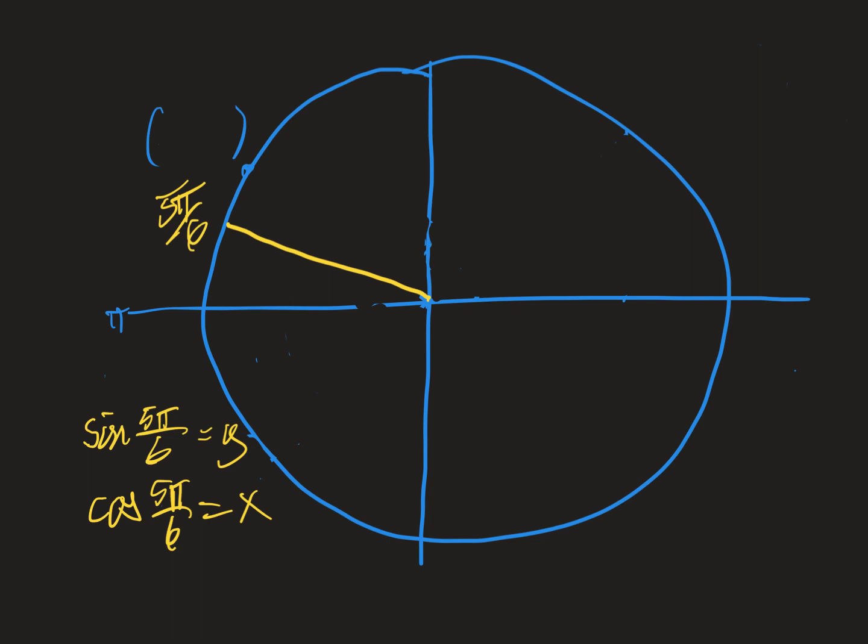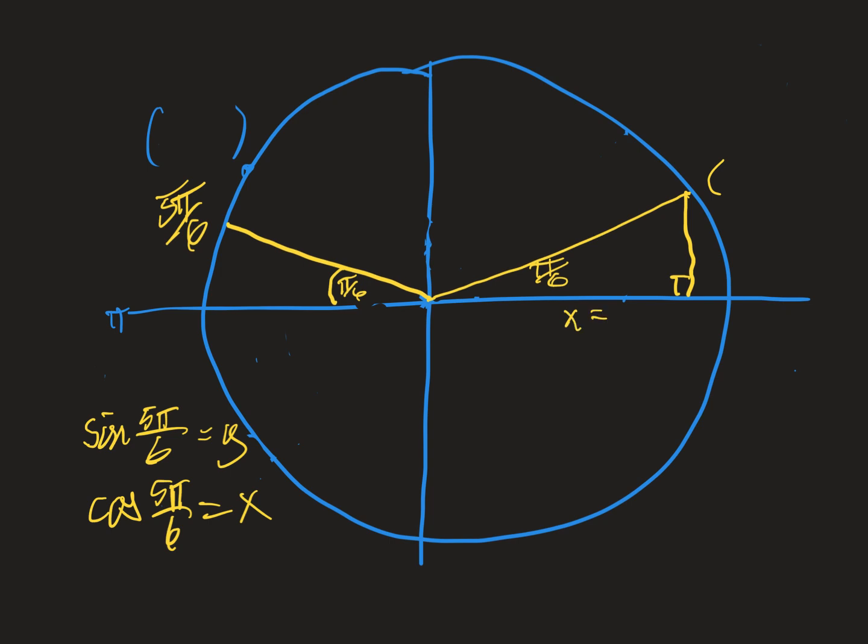So in order to do this, we find the reference angle. The reference angle is the angle it makes with the x-axis, which is pi over 6. If you've made your circle, which you hopefully have done by now, or you have the table that we made in the last lesson, then for pi over 6, remember it makes this right triangle.